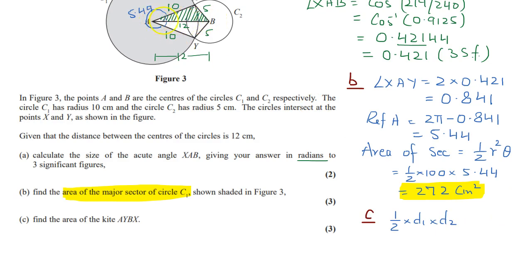This we know it is 12, but what is this other diagonal, this diagonal? Now let's use this triangle. We know the value of the angle A here in this triangle. This is 10, this is 10, and we know this cos of this angle.